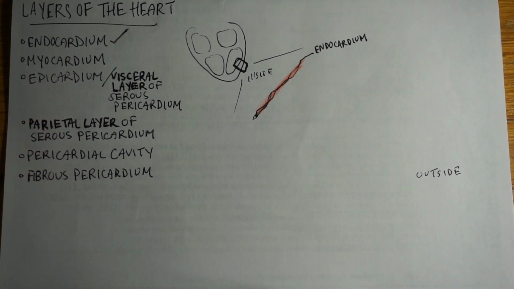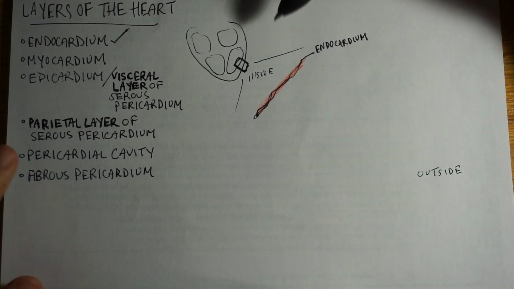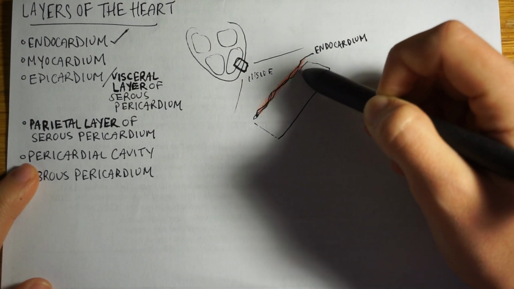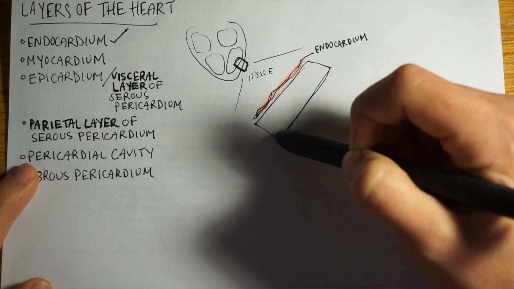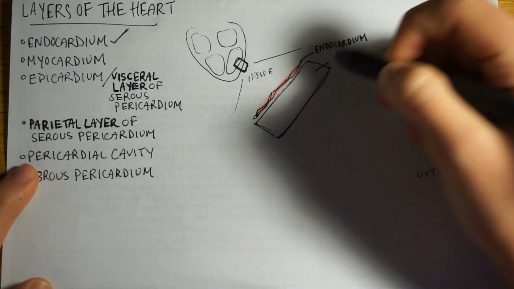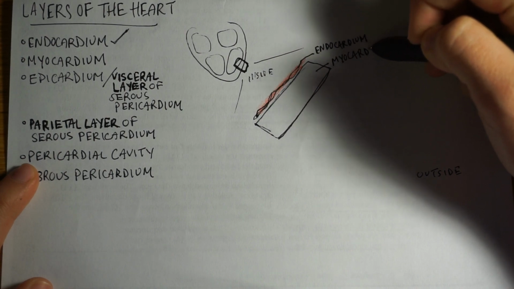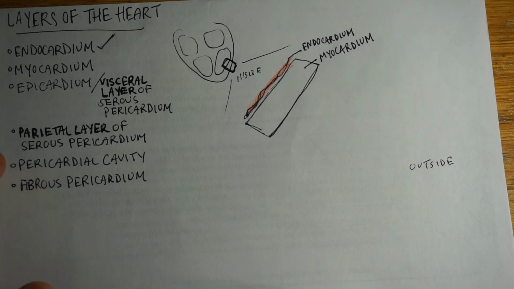Just superficial to that, because we're working our way out, this is the most inside or deep. Just outside of that, we're going to draw a big, thick area here, like this. This is a really big, thick area because this is going to be the myocardium. It's big and thick because muscle is really thick in this area as well.